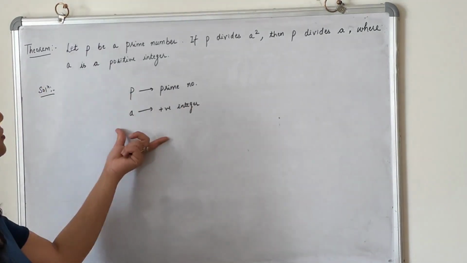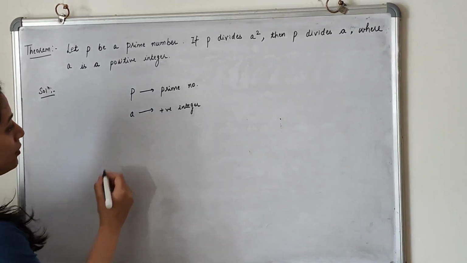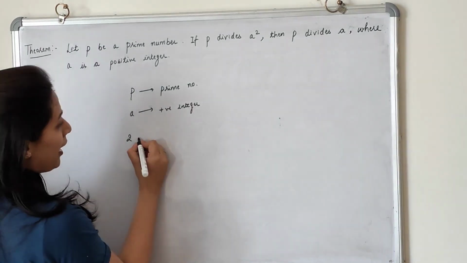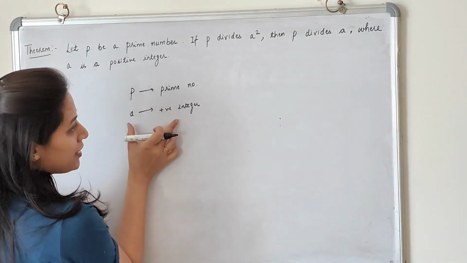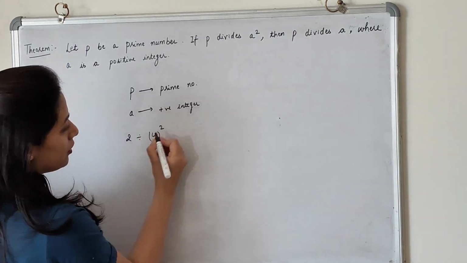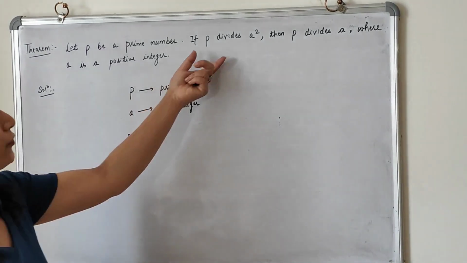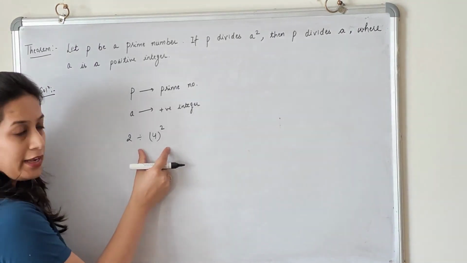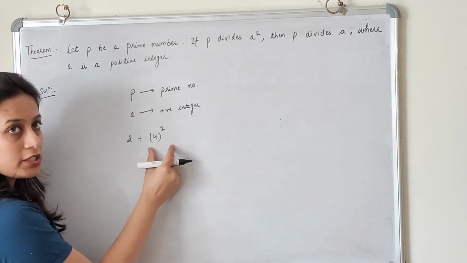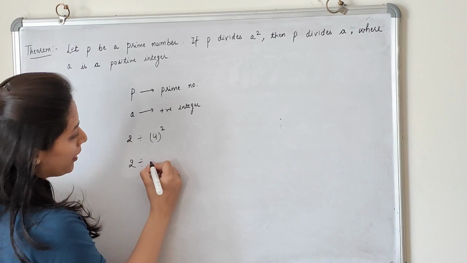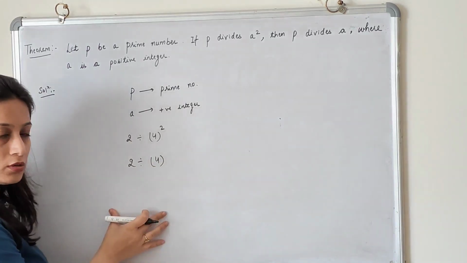Let's understand this theorem by taking an example. Suppose 2 is a prime number and A is any positive integer. Let's say it's 4. What it says, if P divides A square, if a prime number divides the square of any positive integer, which is true, then it divides A also.